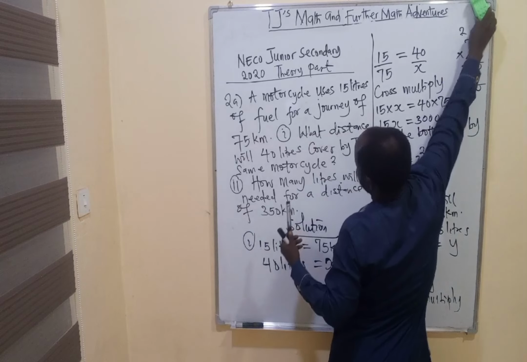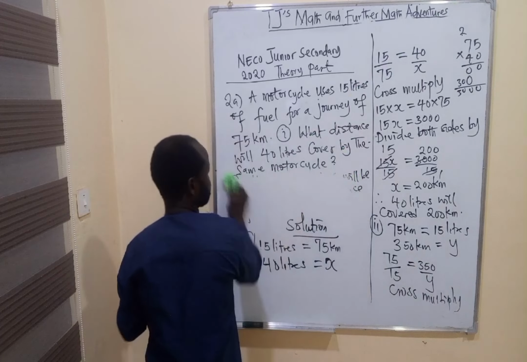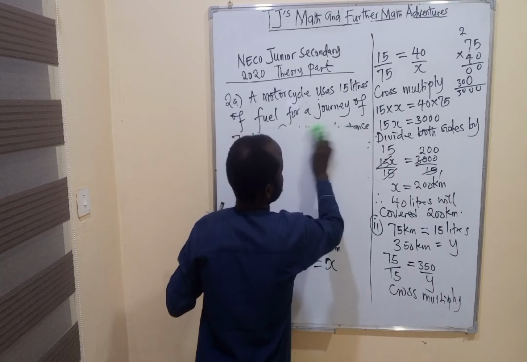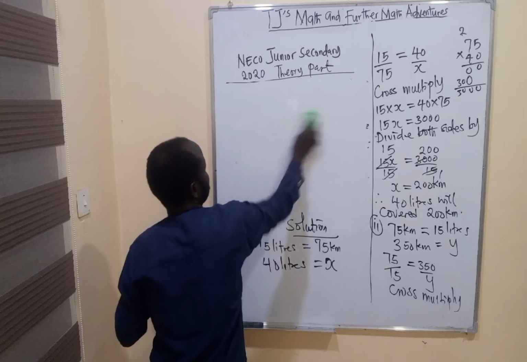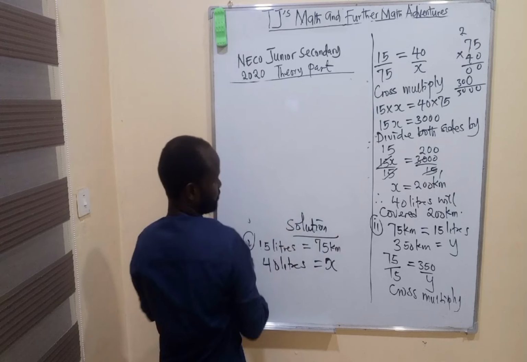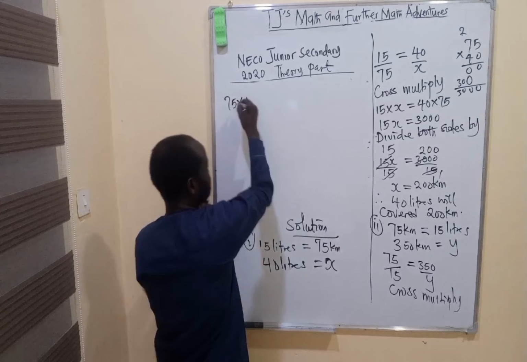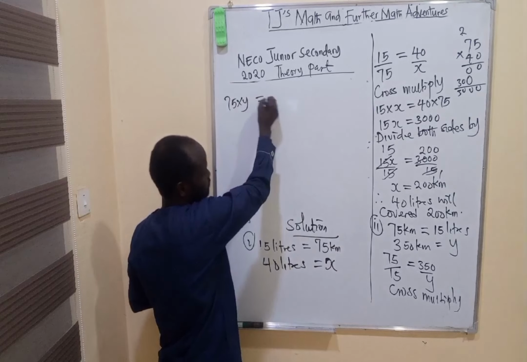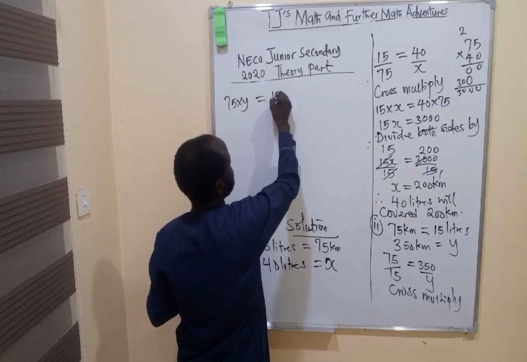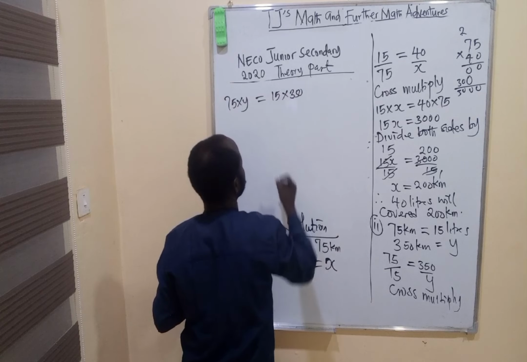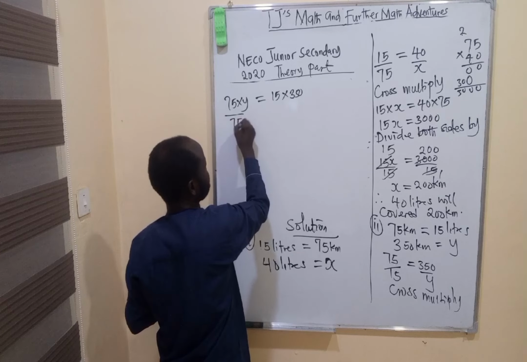Okay? Let's move here. Since we're through with the question, we can clean this so that we can continue with our solutions here. So this will be 75 times y equals 15 times 350. Okay, so we can divide both sides by 75.